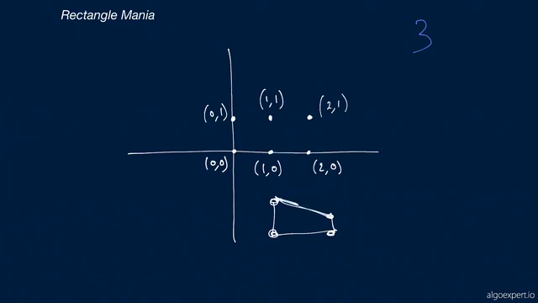So what are the properties that 4 corners need to have in order to form a rectangle? Well, there's really only a couple of properties, which is that the 2 left-hand corners, meaning the 2 corners on the left-hand side of the rectangle, need to be directly on the same line. In other words, they need to have the same x-coordinate, but they need to have a different y-coordinate.